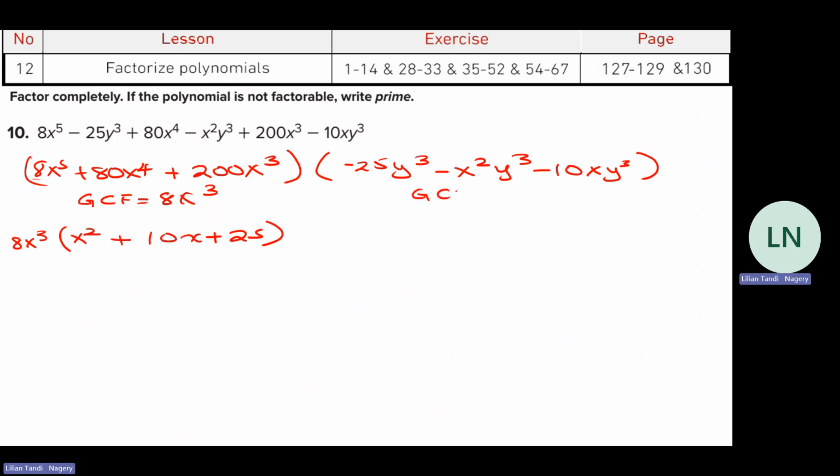Here, the greatest common factor is negative y cubed. So negative y cubed is going to give you x squared plus 10x plus 25.